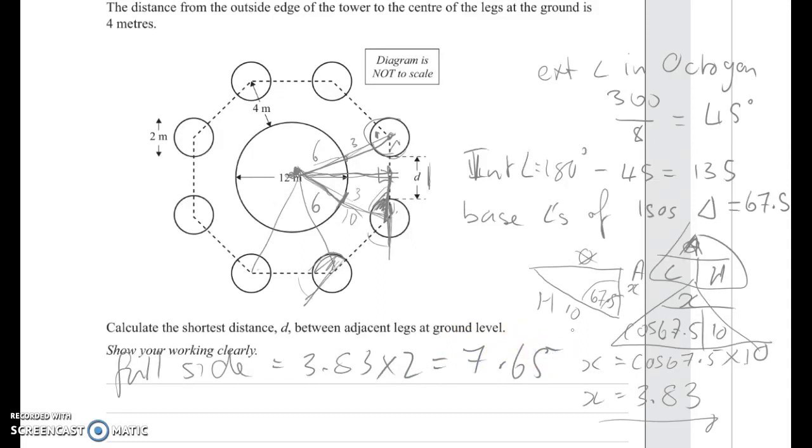I did just keep the whole number in there so that it is more accurate. And I need to minus this one over here and this one over there. So D equals 7.65 minus 2, which gives me 5.65.